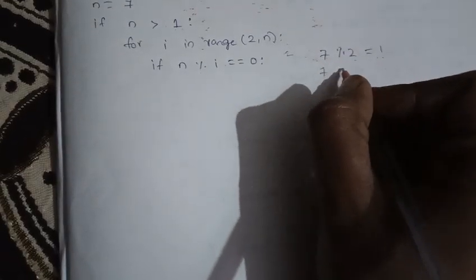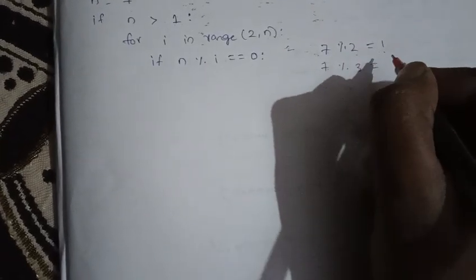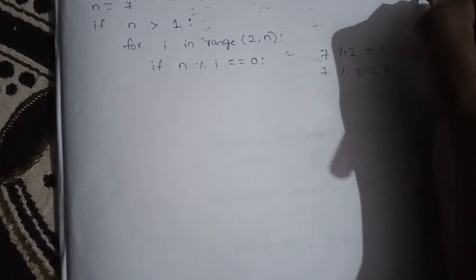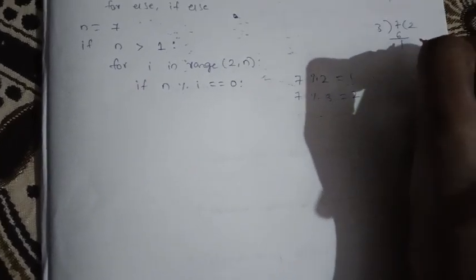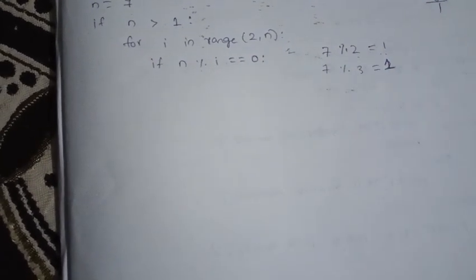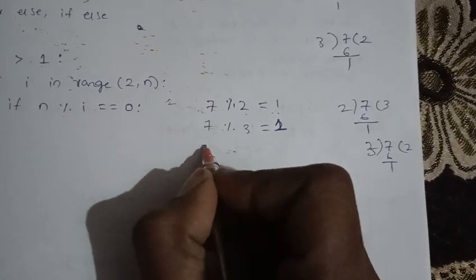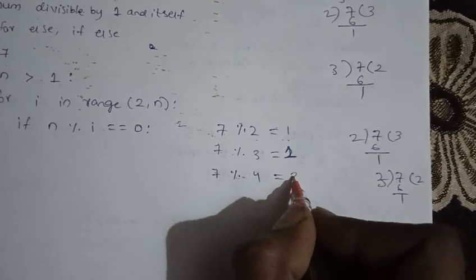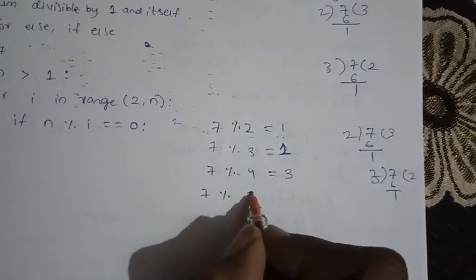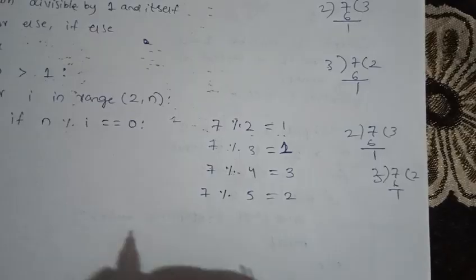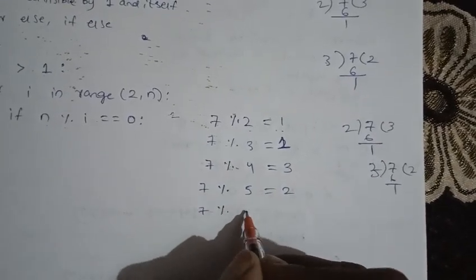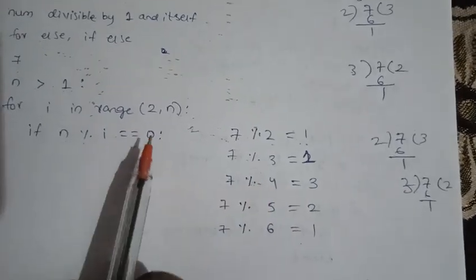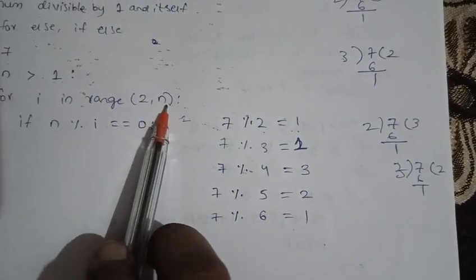Next, 7 divided by 3, we get remainder 1. 7 divided by 4, remainder 3. 7 divided by 5, remainder 2. Next, 7 divided by 6, remainder is 1. So it will come up to 6. It will not include n, which means it will not include 7.